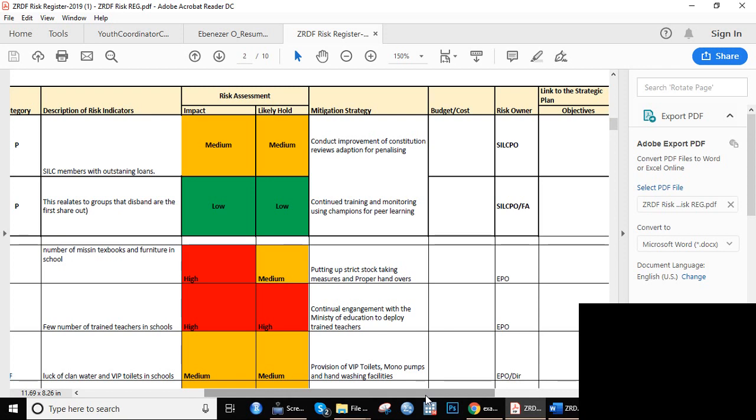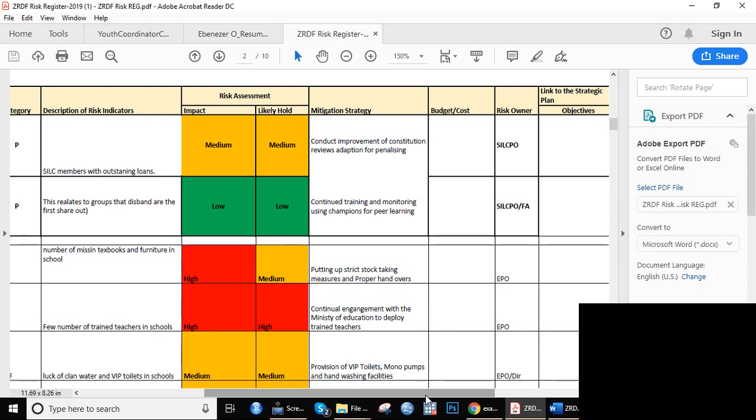I guess the reason was medium is because in most cases, the way the SILK structure, or the savings group structure, is that even if somebody were to default to pay, it would mean that it affects the whole group, but it won't affect them to such a large extent that they won't be able to recover any kind of profit. So I guess that's why the impact is medium, okay?